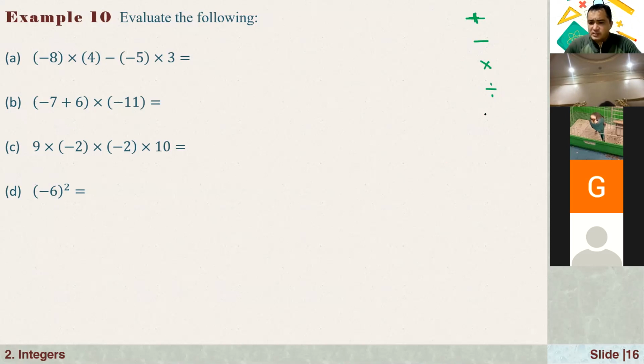Also, in mathematical operations we use parentheses, braces, or rectangular brackets, which we just call brackets. The priority belongs to brackets, then multiplication or division, then addition and subtraction.